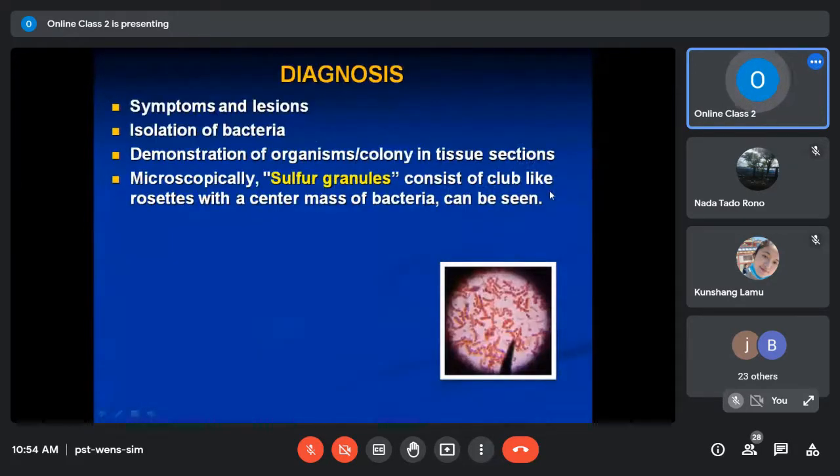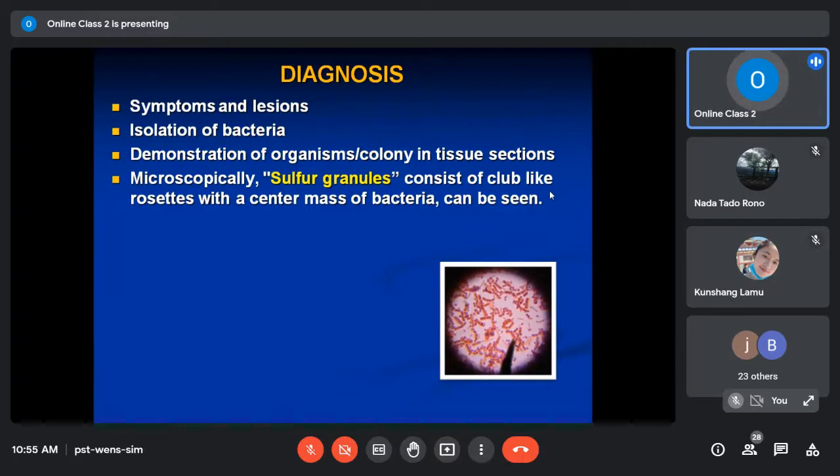And finally, diagnosis can be done based on the clinical signs and symptoms and lesions mainly of the tongue, and other chronic abscesses. Then you have to go for confirmation of the disease by isolation of the bacterial organism.